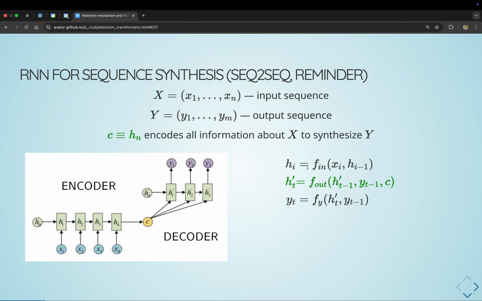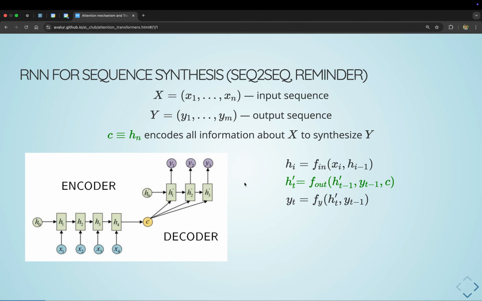Okay, and formulas here are pretty much the same as we've seen before. So in the classical model, both f_in and f_out are linear layers with an activation function, for example tanh. Yeah, and this is okay, so it works.